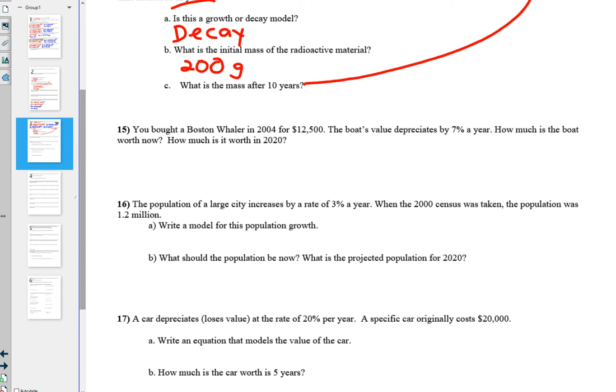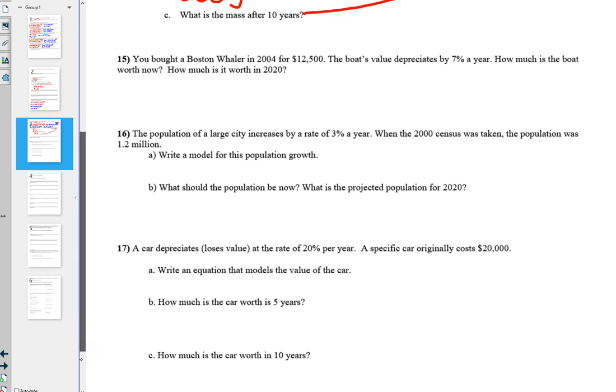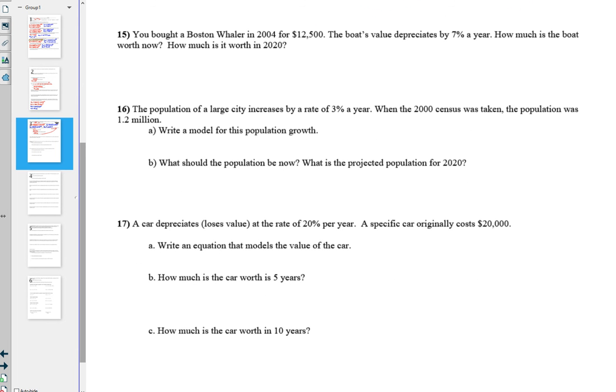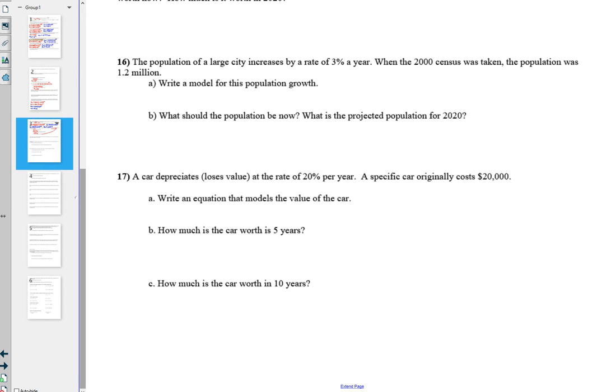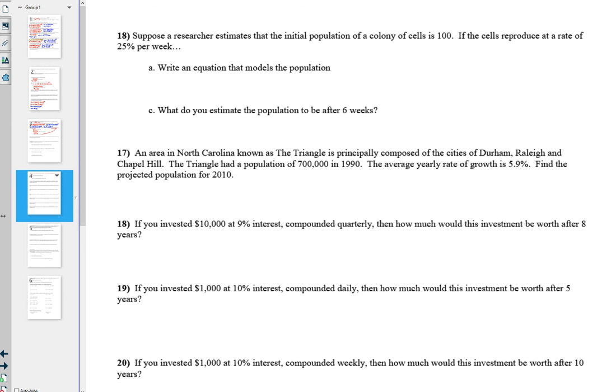Depreciation per year. I'm looking for some compound interest ones. Per year. Oh, quarterly? Alright. Let's get to 18. Two different 18? Oh, yeah.